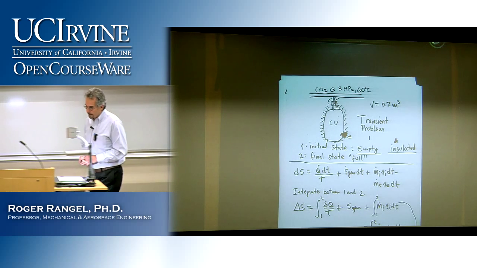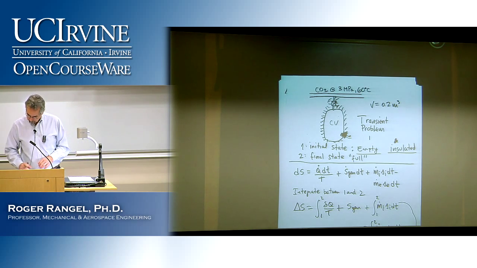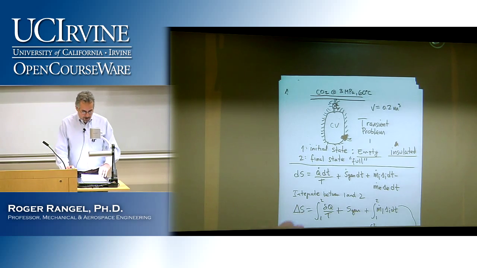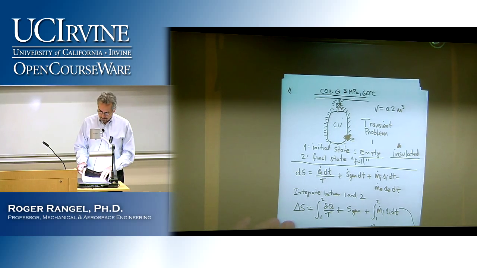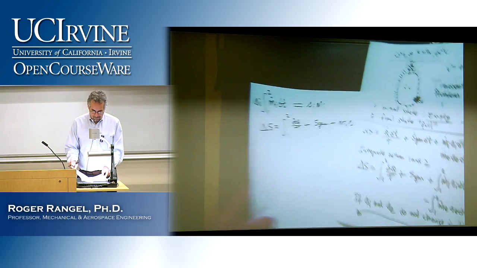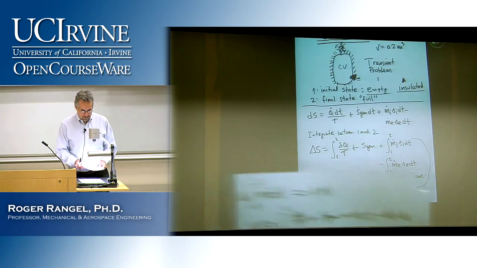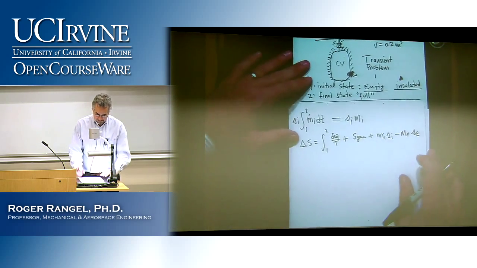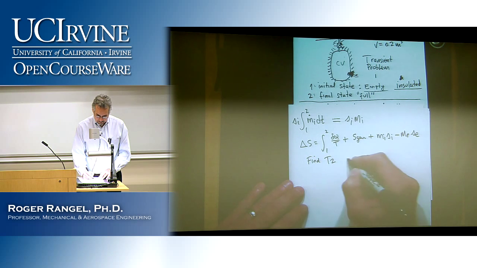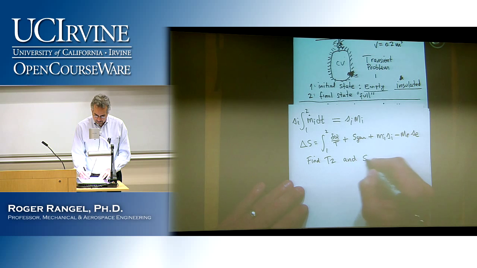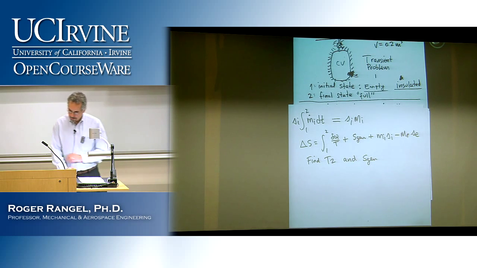So that's the problem statement. And then you need to find the final temperature and if there is any entropy generation. So let's do it here. Find T2 and entropy generation.